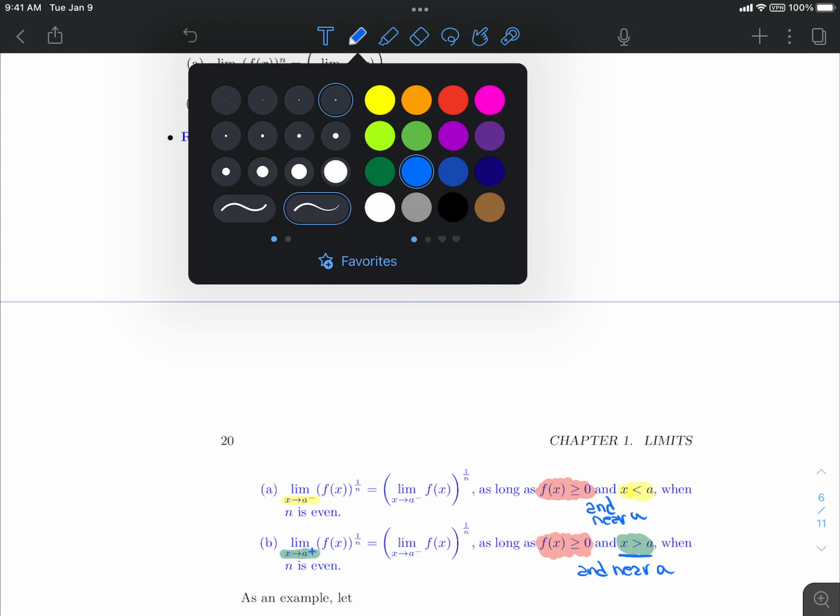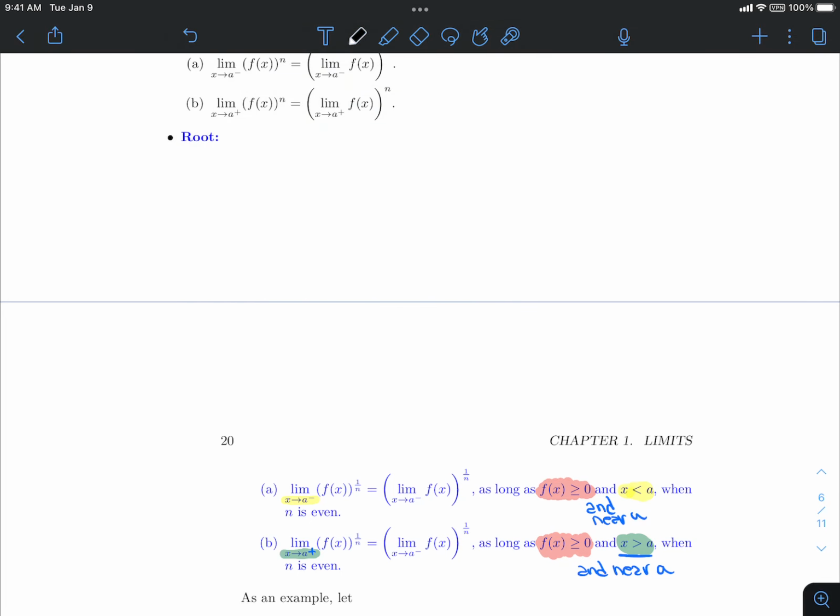So I'll give you an example of what we cannot do. Let's say in this root rule, you have some function f that looks like this, the graph in blue. Let's say that's y equals f of x, and this is 1.